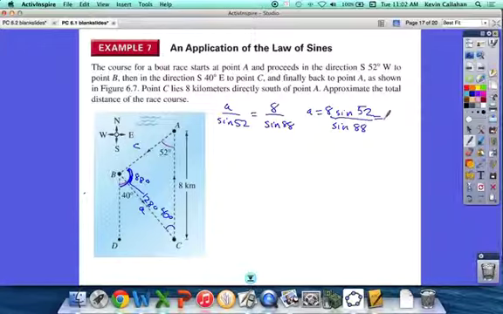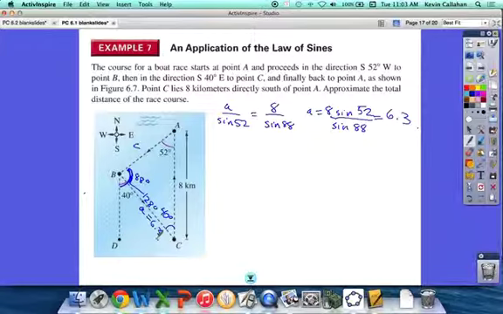Put that in your calculator. Divided by sine of 88. And I'm getting 6.3. Could I use the Pythagorean theorem to find the other side? No. Why not? Not a right triangle, right? So you just have to solve for that third side.